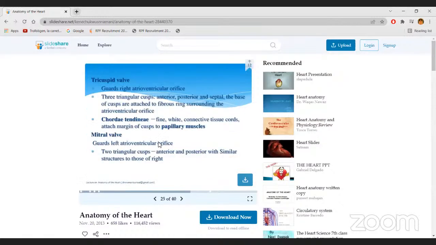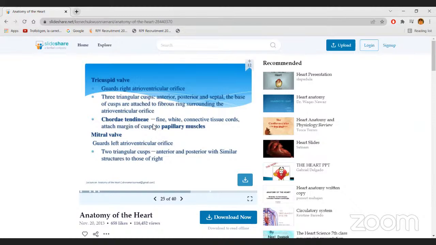Then next one, the tricuspid valve. The right atrioventricular valve has three triangular cusps: anterior, posterior, and septal. The bases of the cusps are attached to the fibrous ring surrounding the atrioventricular orifice.